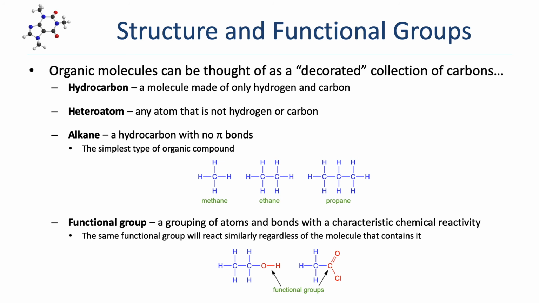We'll learn more about those later. In our other example, we have a carbon that is double bonded to an oxygen and then a single bond to a chlorine. This is called an acyl halide, just another functional group. Now, they're called functional groups because they behave the same no matter what molecule they're attached to. If you see an OH bonded to a carbon chain, it doesn't really matter what the rest of that molecule looks like. It's going to behave roughly the same.